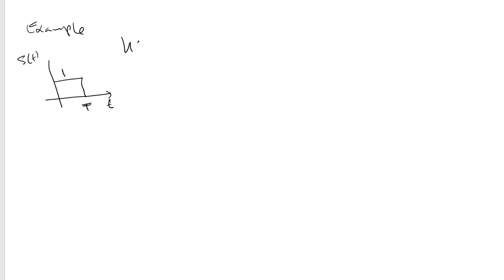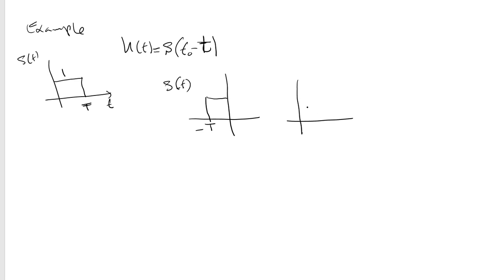And match filter is, as conjugate doesn't impact because it's a real signal, s of t0 minus t, and s of minus t is the time reverse of our pulse, and we can shift the signal, for example, by T, to find the match filter.